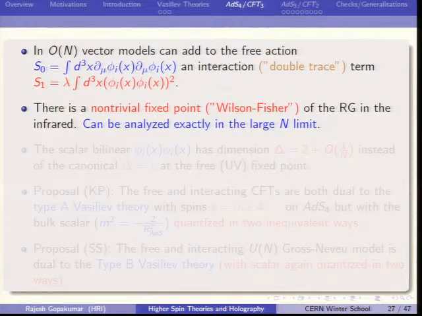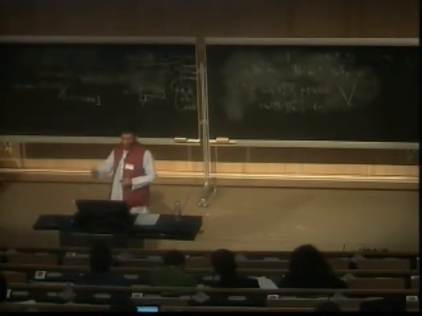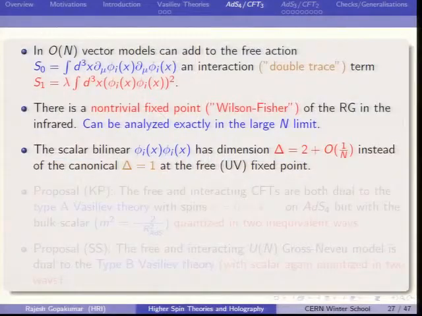So you perturb this theory by this operator. It flows to a non-trivial fixed point, which can be analyzed exactly in the large N limit. That was one of the first things that was studied in the large N expansion of vector models. In some ways, you could say the large N expansion was devised to understand this particular system.